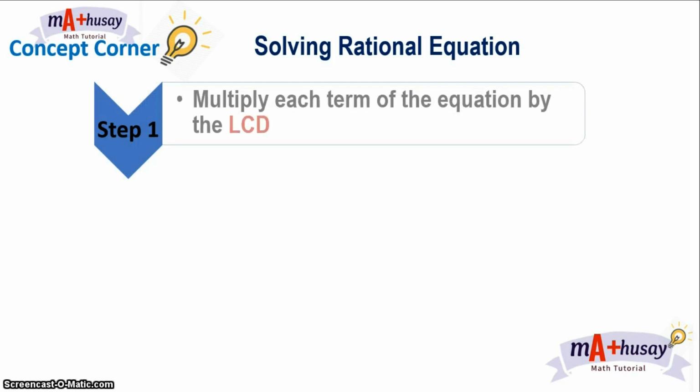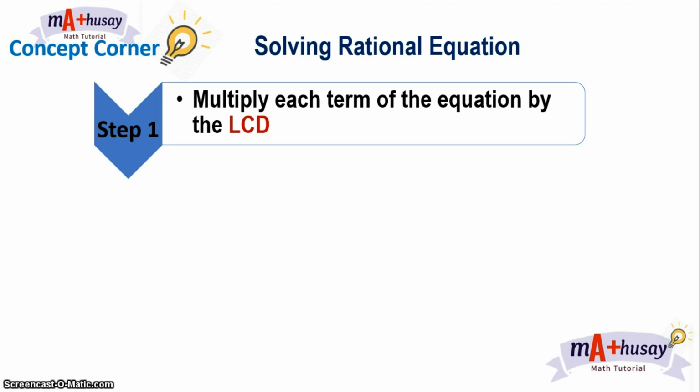Let's start! Sa pag-solve ng rational equation, may tatlong steps tayong susundin. Una, we have to multiply each term of the equation by the LCD. So, kailangan nating alamin muna ang LCD, tapos i-multiply natin sa given rational equation.